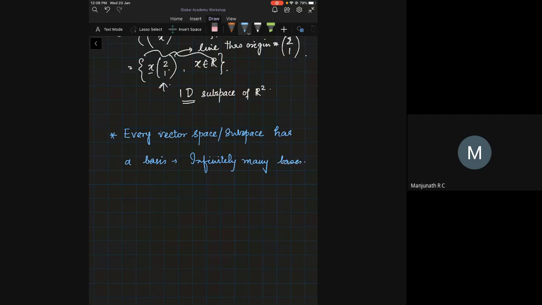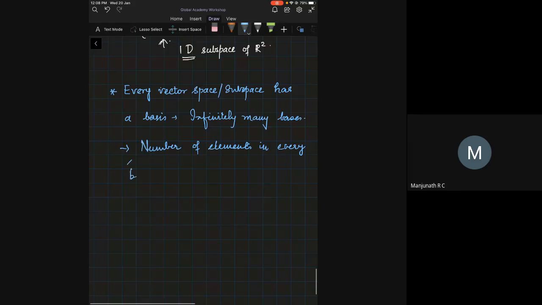And not just that, the number of elements in every basis is the same for a given vector space or vector subspace. Is this okay?